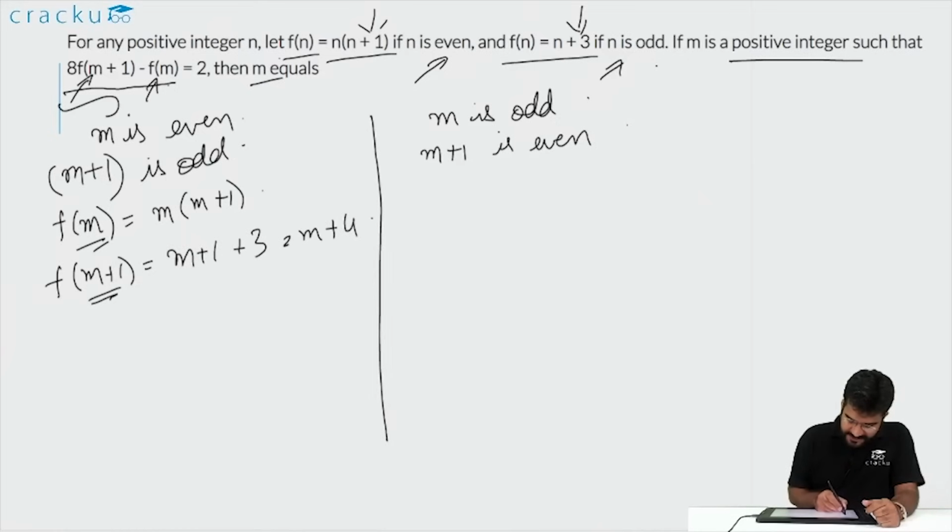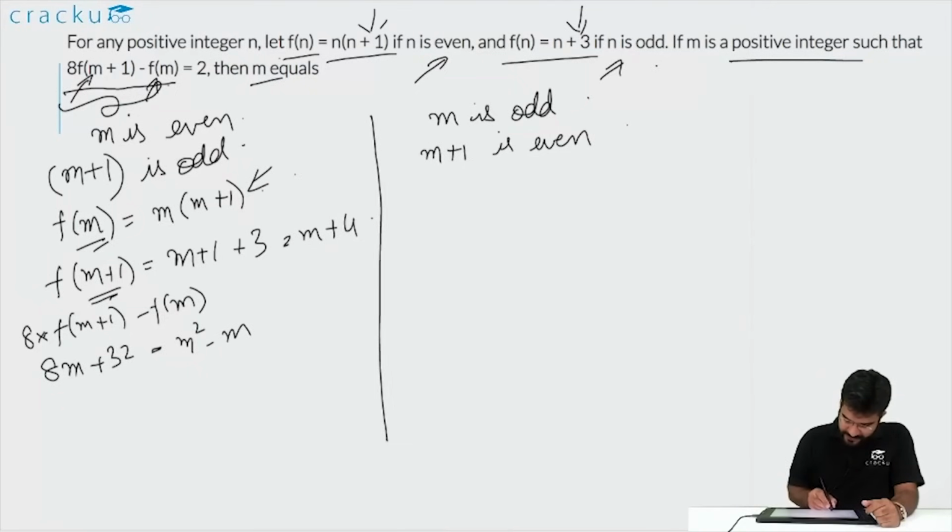Now let us find the value of 8 into f of m plus 1 minus f of m. According to the given equation, 8 into f of m plus 1 will be 8m plus 32, minus f of m, which is m square plus m. This is equal to 2.